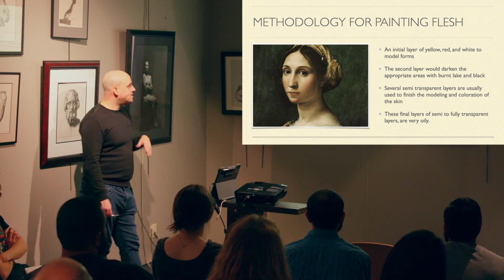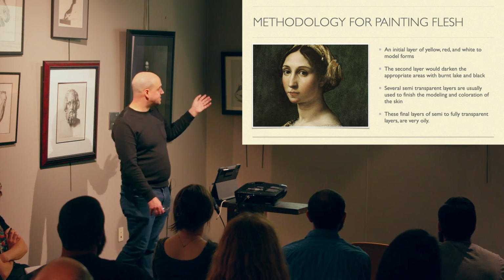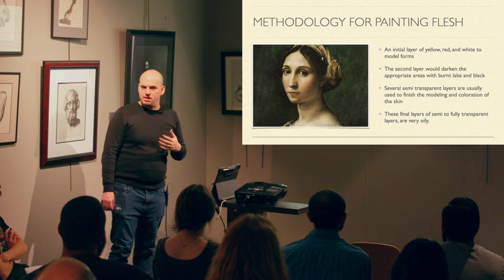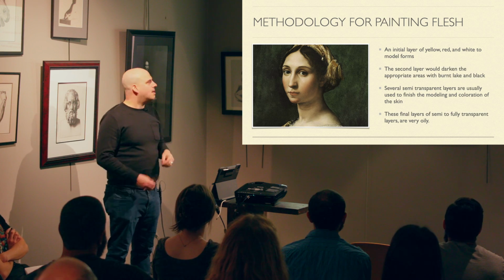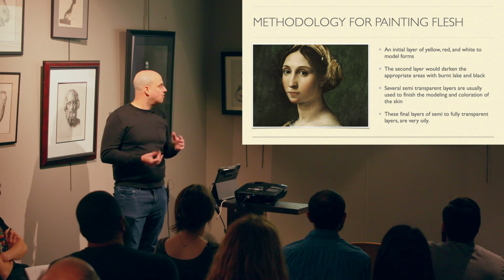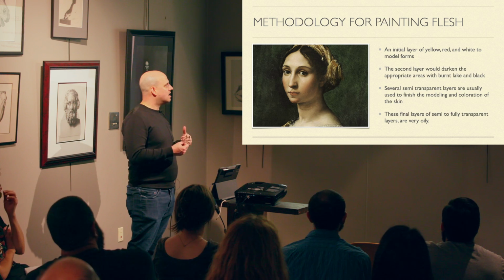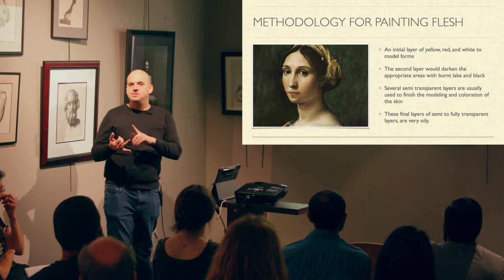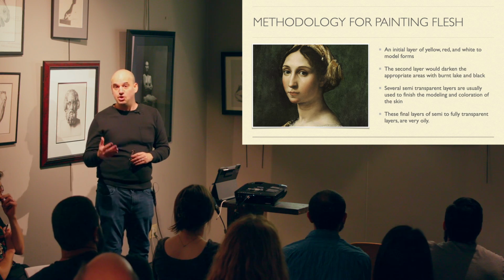So with Raphael and painting flesh tones, as you see this beautiful portrait on the left-hand side here, again, a very formulaic approach. Initial layer of orange with white to model forms, and then second and third layers of semi-transparent layers. Black glazes and burnt umbers would go to darken things as well.